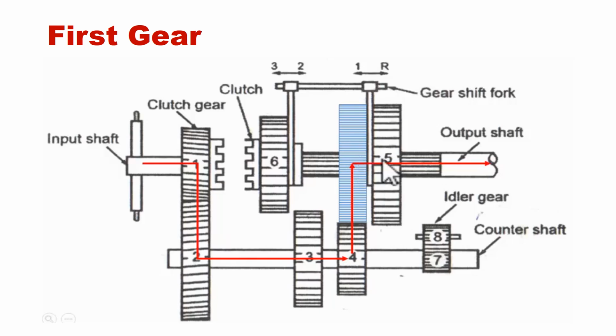See here, gear 1 and 2 have a gear ratio. For example, if gear 1 runs at 1000 rpm, gear 2 will run at 500 rpm, because gear 1 is a smaller wheel and gear 2 is a larger wheel, so automatically the speed is reduced.